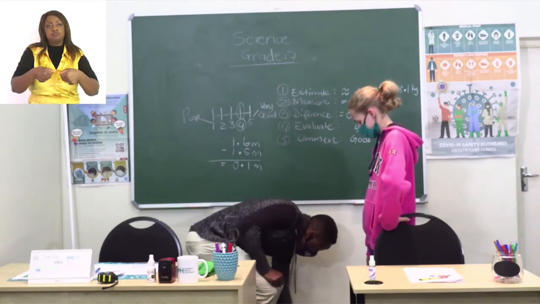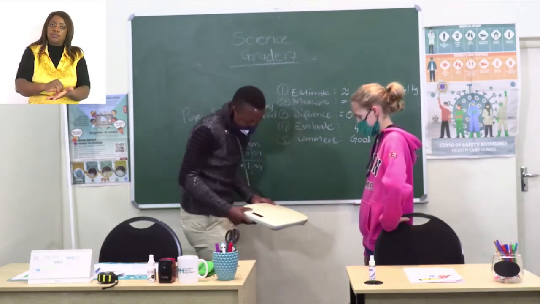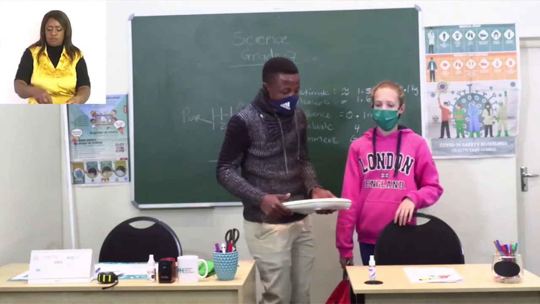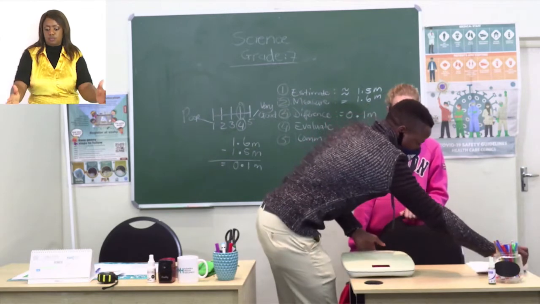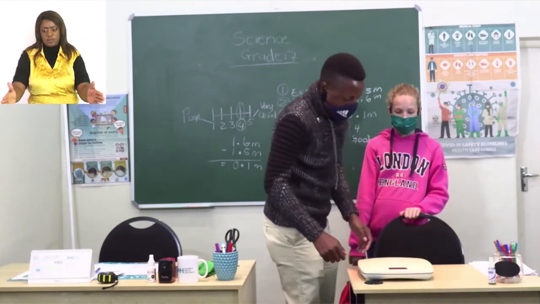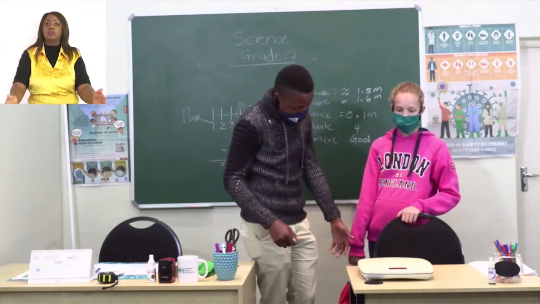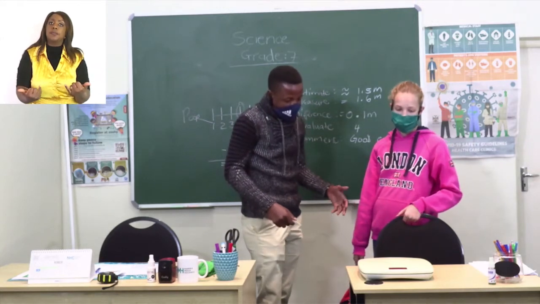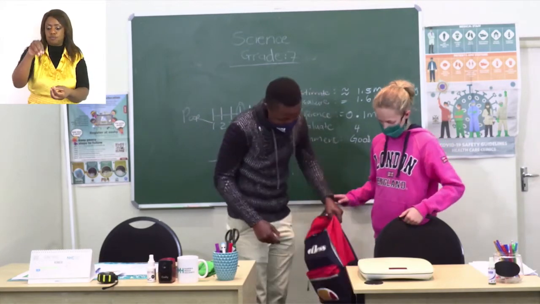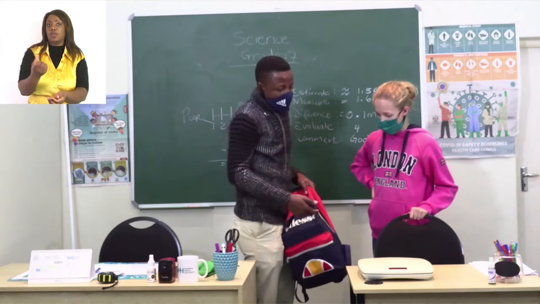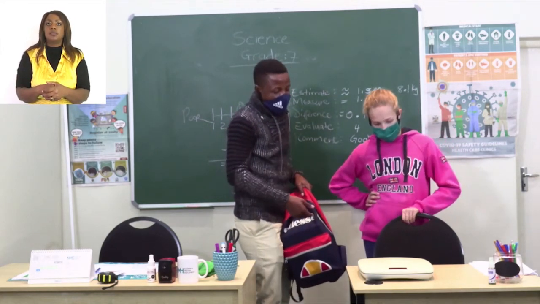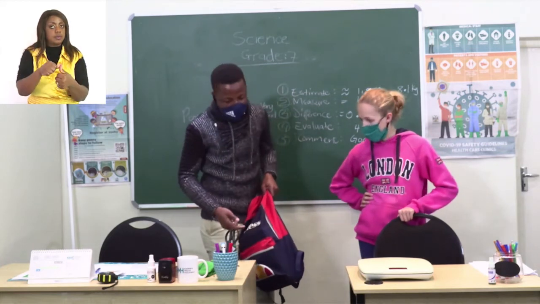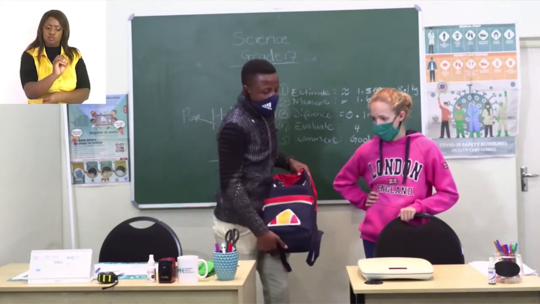Then I have got a bathroom scale here. So I'll put it on the table, because we are going to measure the mass of this bag by placing the bag. What is inside the bag is books, just books, by placing the bag on top of the scale to find out the measure, since we have done already with the estimation.